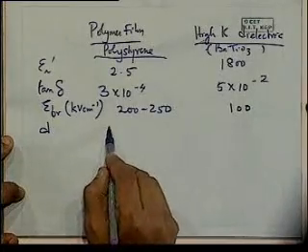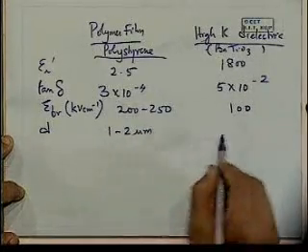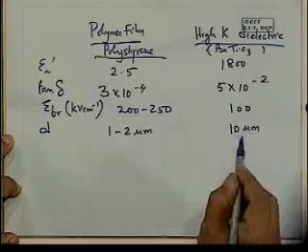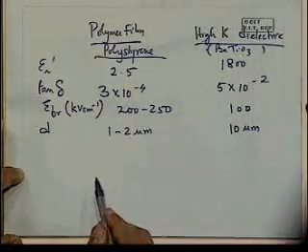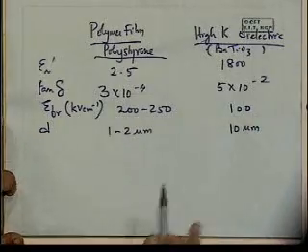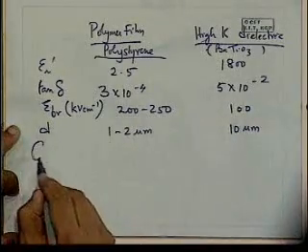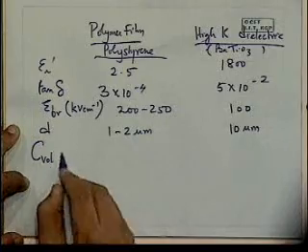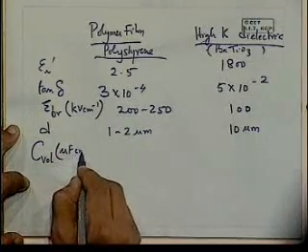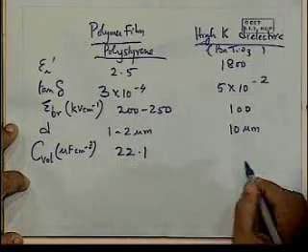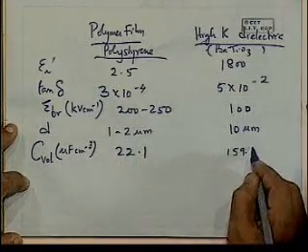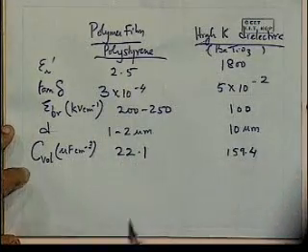Typical thicknesses, 1 to 2 microns in the case of high Ks. For particular applications it's going to be much less, but somewhere like this may be a comparable value. Now the C vol, capacitance per unit volume in microfarads per centimeter cube, 22.1, and here we see the big difference, 159.4.